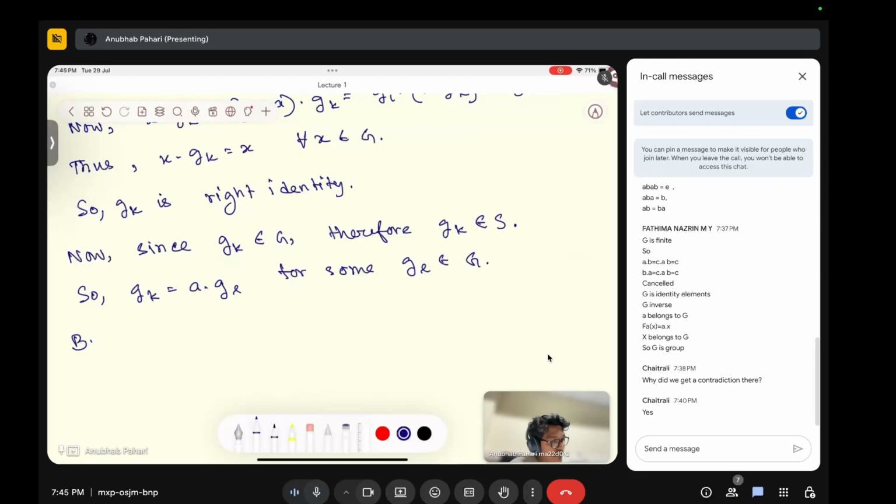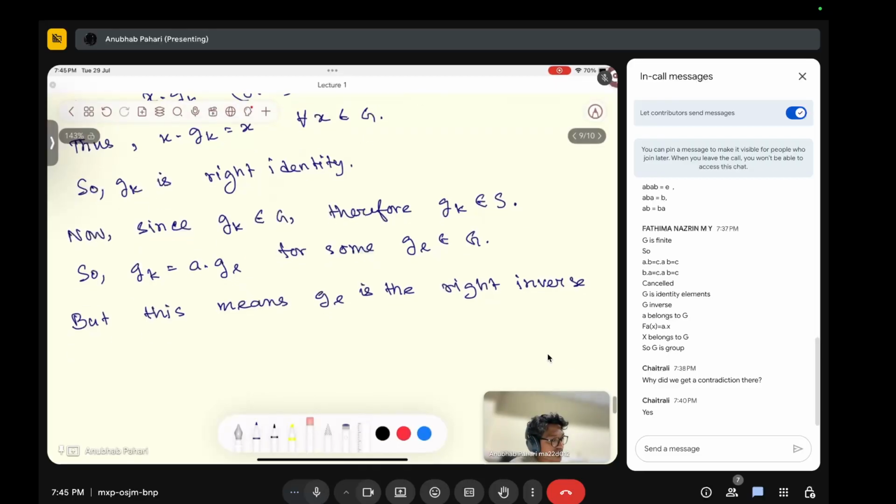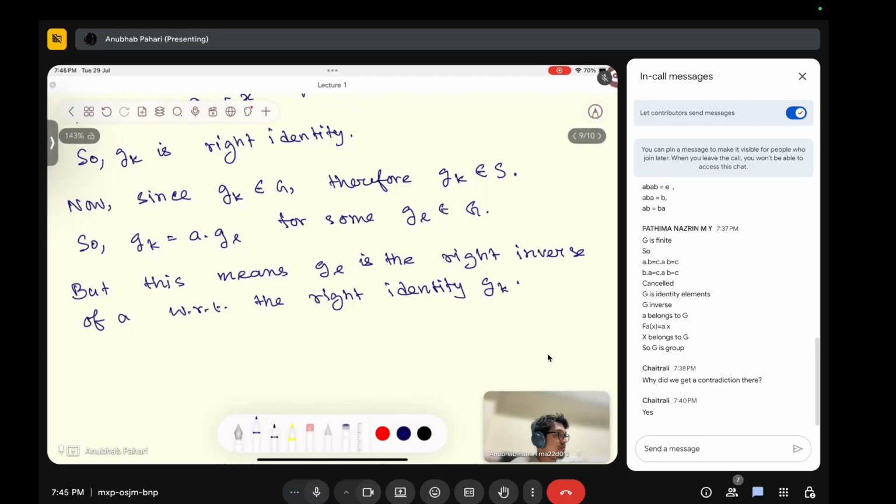But what does this mean? This means Gl is the right inverse of A with respect to the right identity Gk, and A is arbitrary.